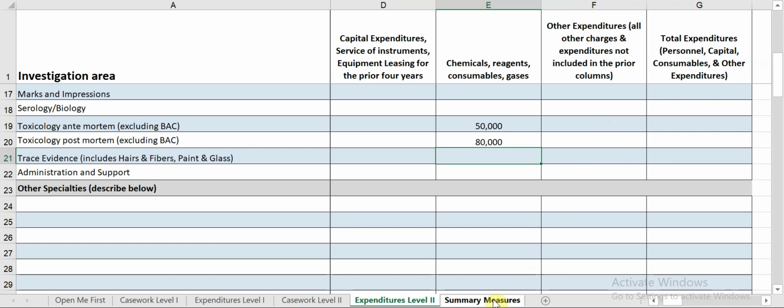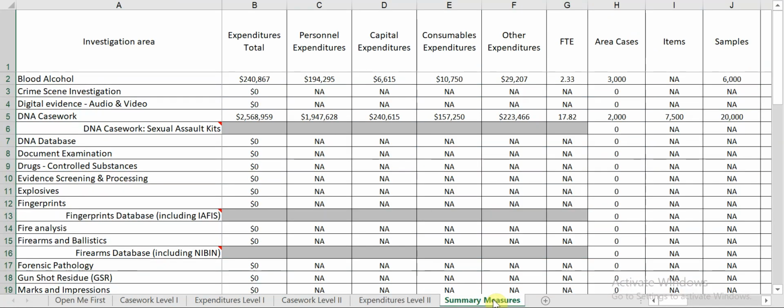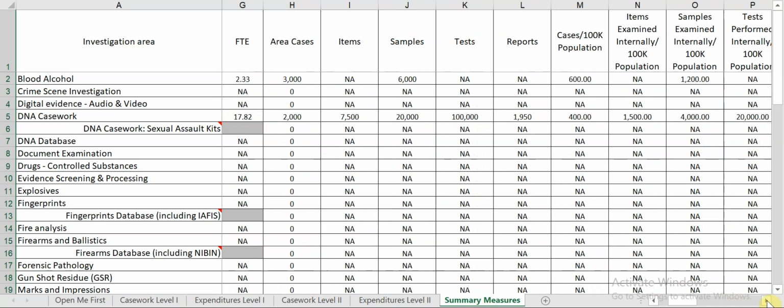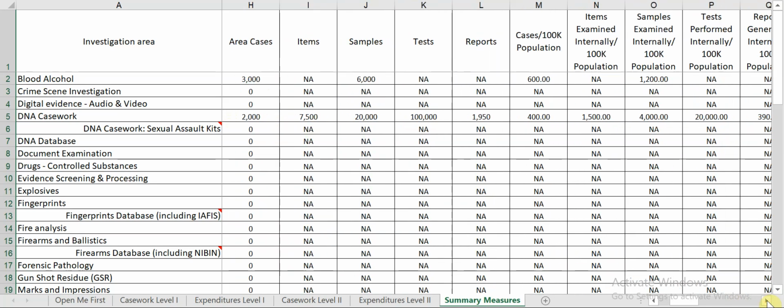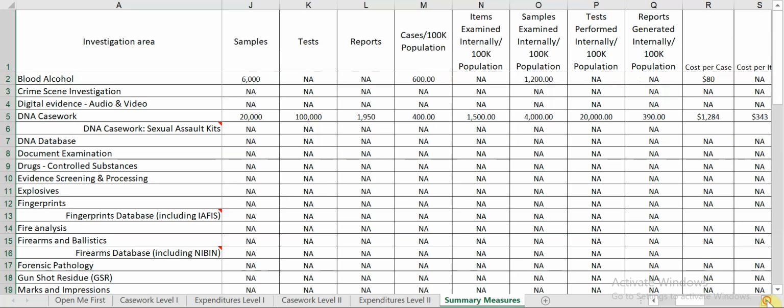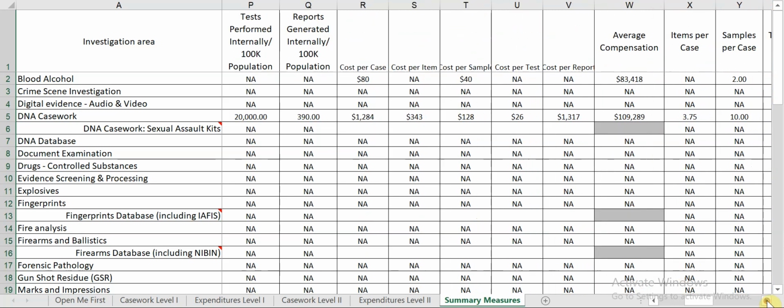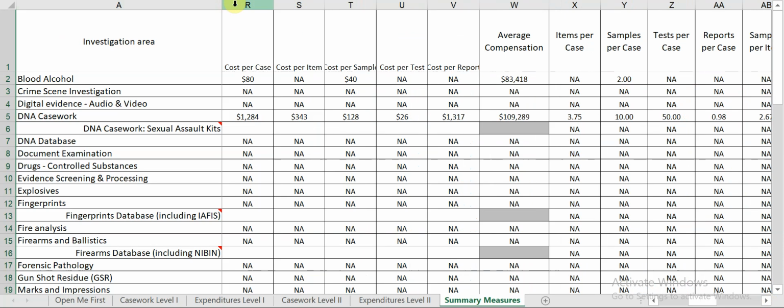So with that, what it's going to do is to allow us to fine-tune any of these expenditure allocations by area. So you'll see that a lot more has gone towards this DNA expenses and what they're going to have, because we were able to give a lot more specific information on their capital expenditures. And with this, you get a much more fine-tuned sense of what is the cost per case, for example, or cost per item.